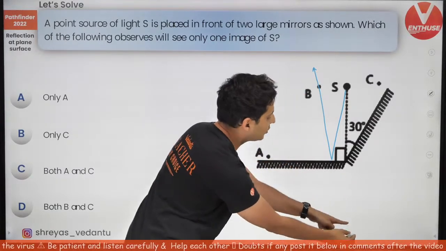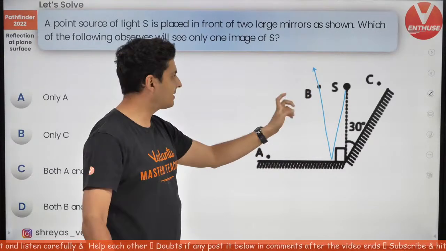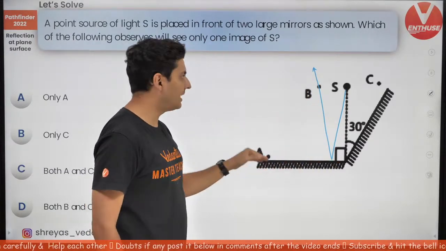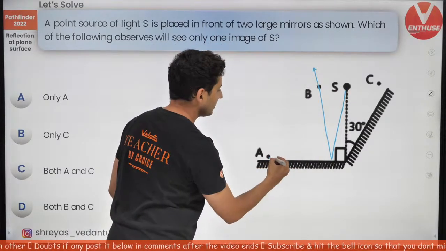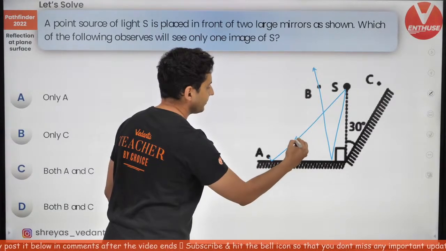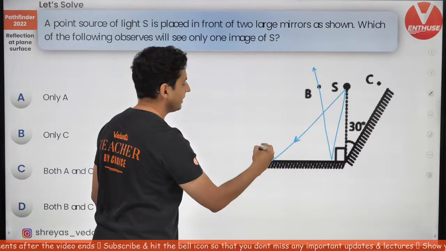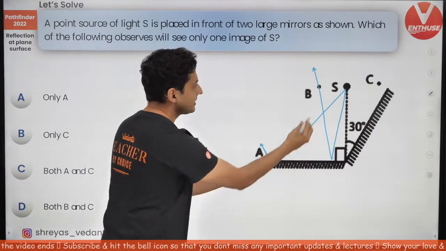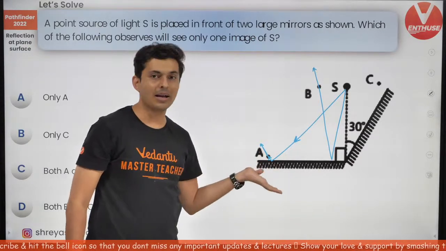B will feel the source is here, correct? If the rays get reflected, B can see definitely the image behind this mirror. In fact, even A can see, I'll tell you how, something like this. Look at the rays. If the rays come like this, and they go onto A like that, A also can see S behind the mirror because A will feel the rays are coming from behind.